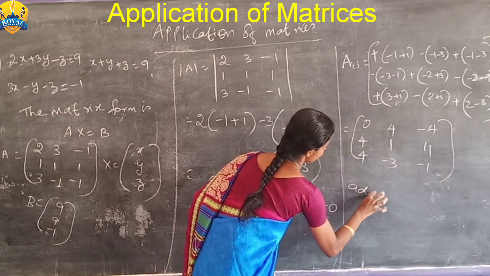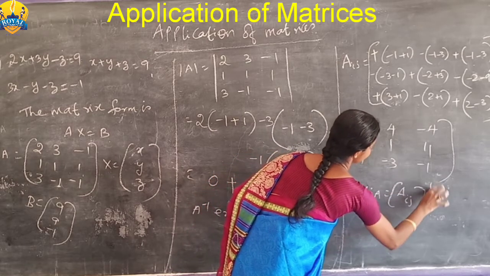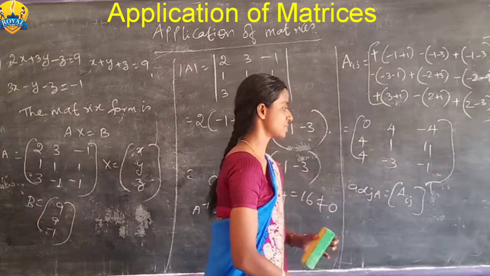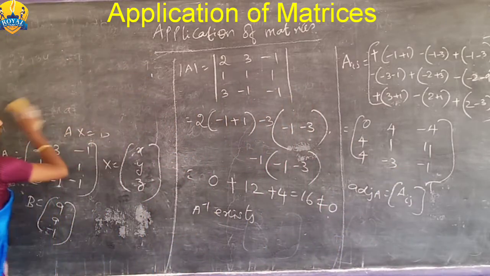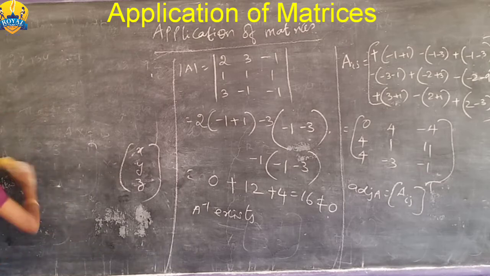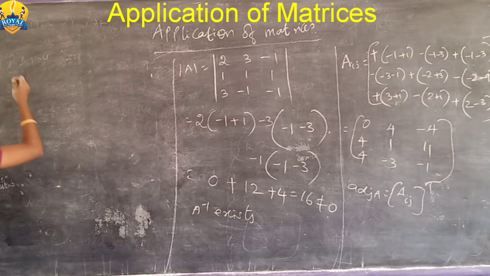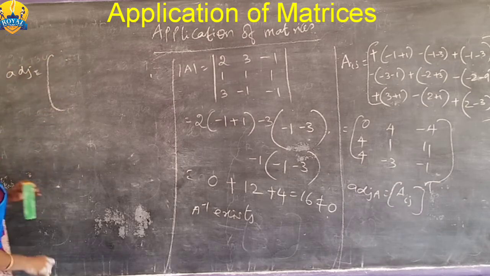Now what is my adj? Adj is Aij transpose, the transpose of this cofactor matrix. How do you find the transpose?